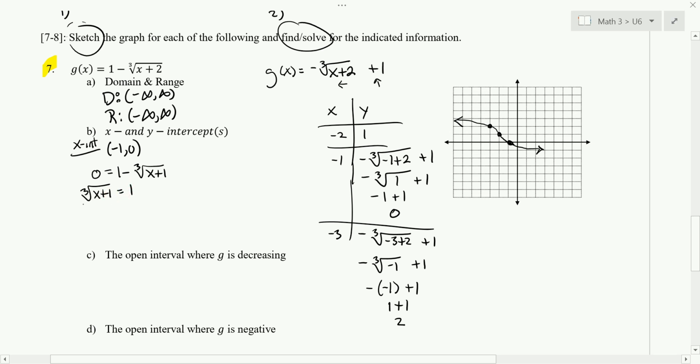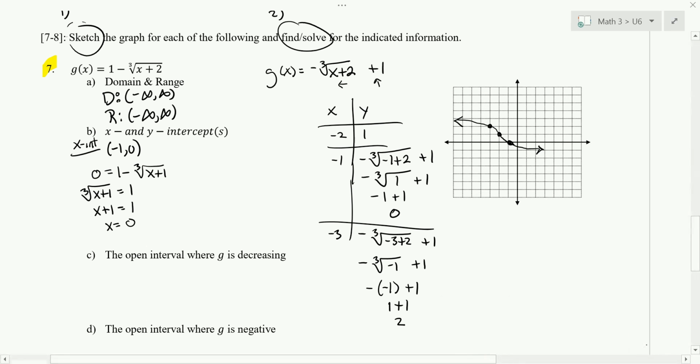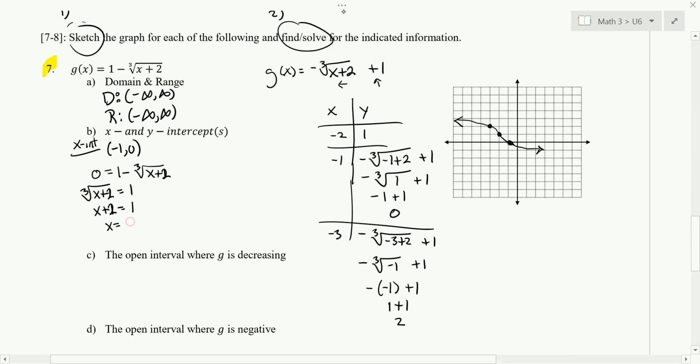Cube both sides, raise both sides to the third power, and you get x plus 1 equals 1 to the third power, which is still 1. And then you subtract 1, you get x equals 0. But that's not matching with my graph because I copied the question down wrong, and this should be an x plus 2, which is going to give me x equals negative 1, which is what we see in our graph.